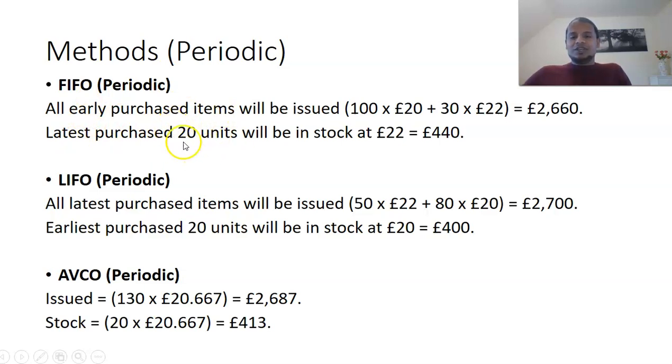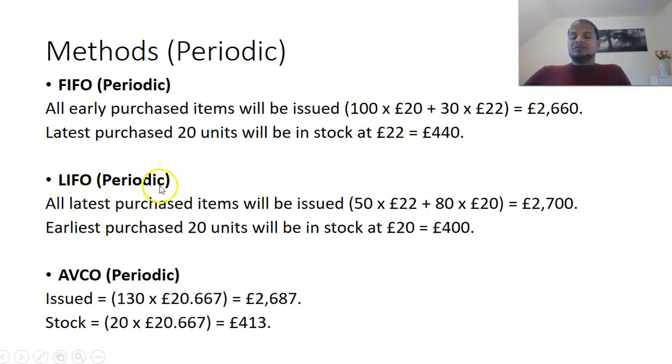So 20 units from the last purchase at 22, that is 440. Okay, so it's not a detailed record, but we are counting which ones we issued and which ones remain, and we are calculating the amount. And you can compare the figures.